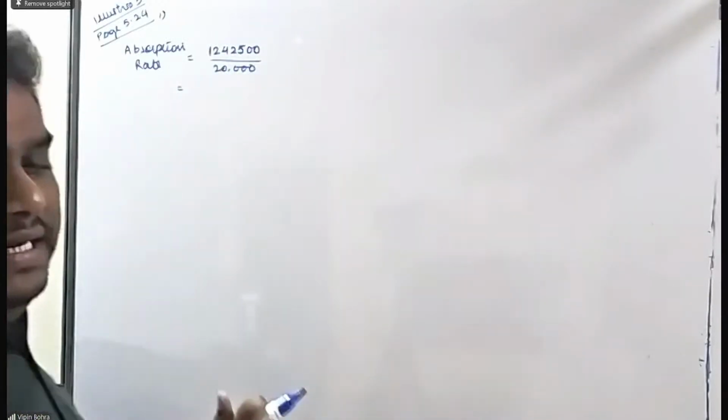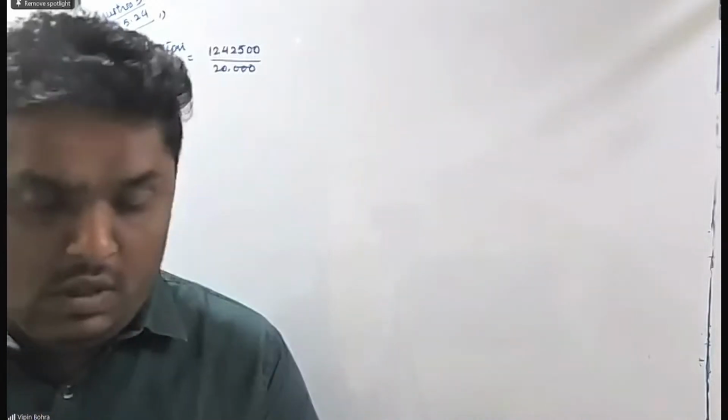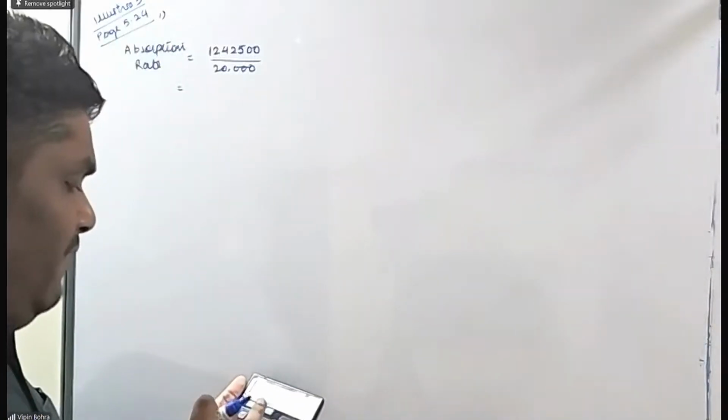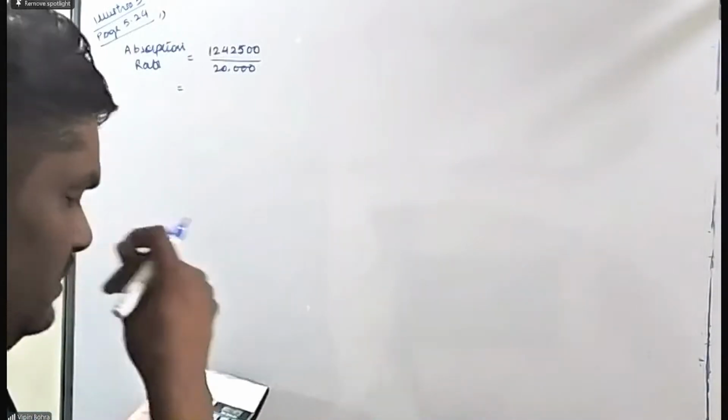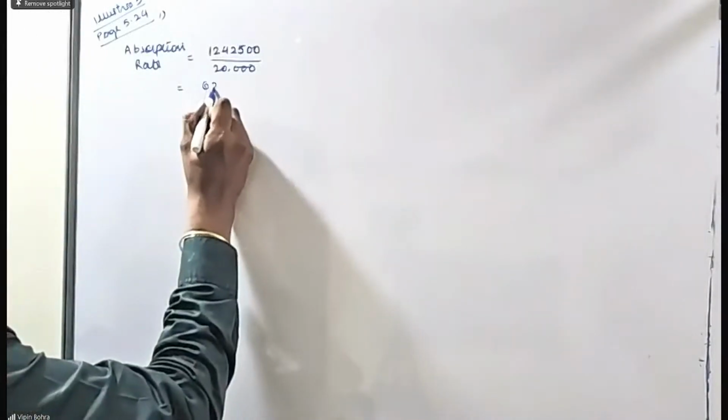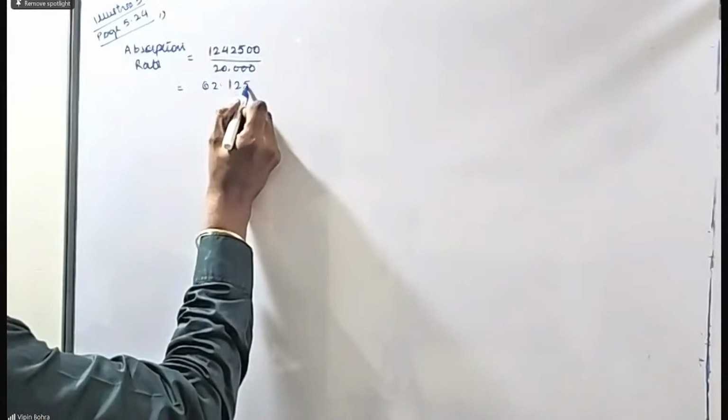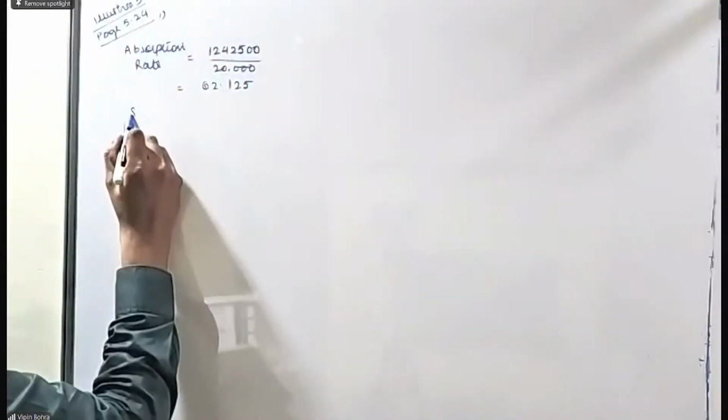So the rate per hour will be 12,42,500 divided by 20,000, that is 62.125. So the absorption rate will be 62.125. So we can easily calculate the cost now.